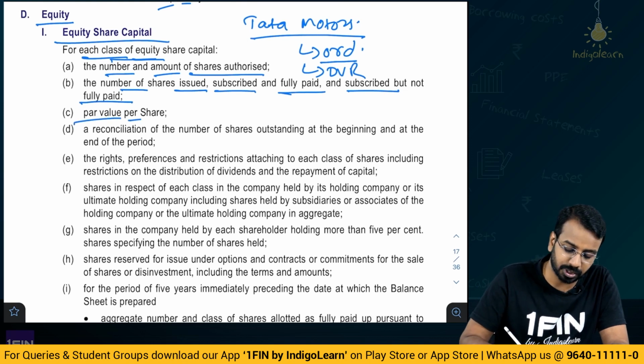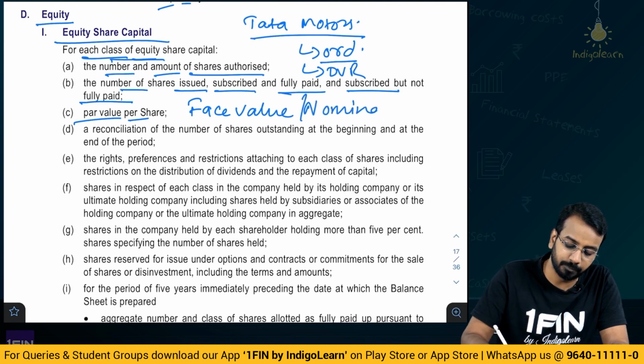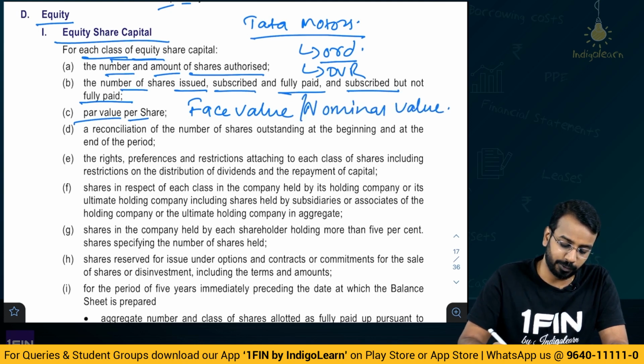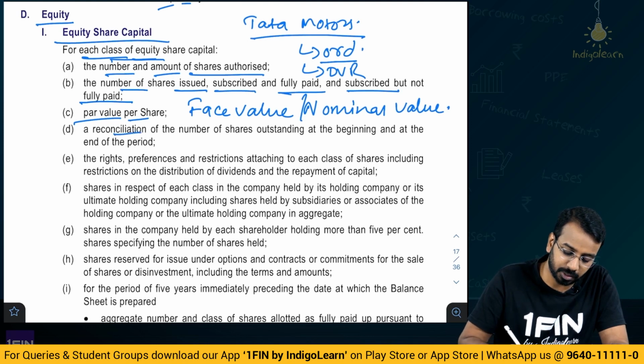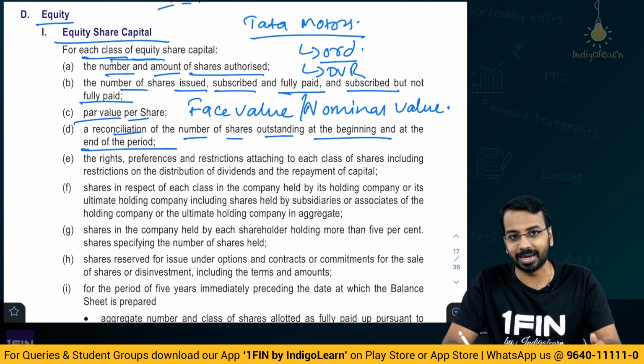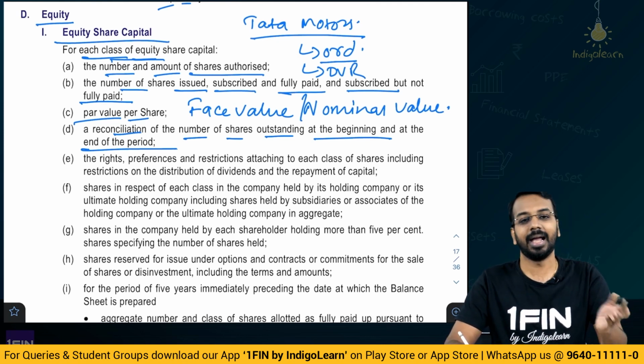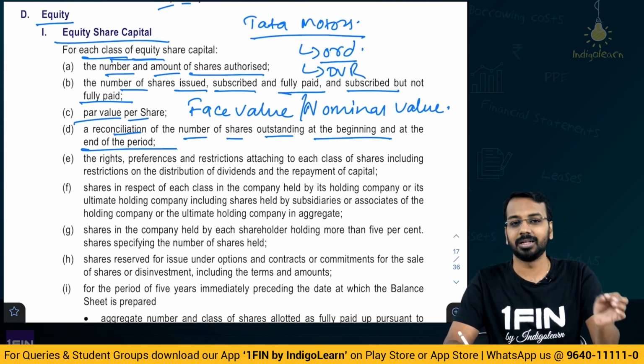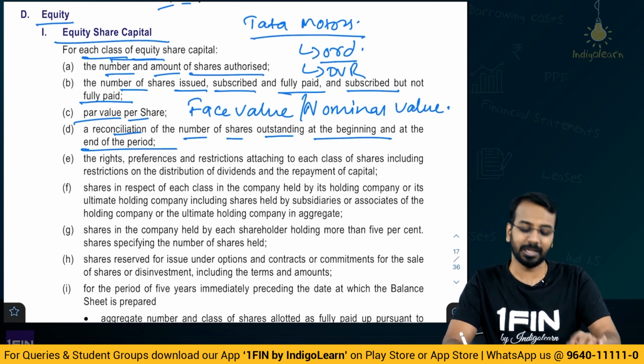Then par value of the share, this we also call the face value, sometimes also referred to as the nominal value. Then a reconciliation of the number of shares outstanding at the beginning and at the end of the period. What was the opening balance, any issues during the period, any shares which have been bought back, rights issue, bonus issue, closing balance.